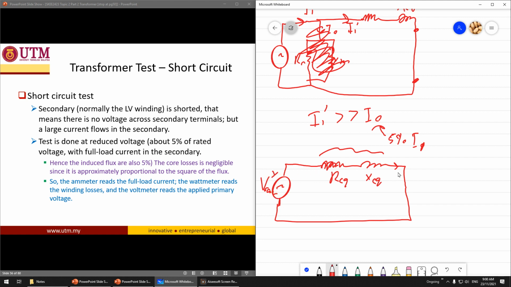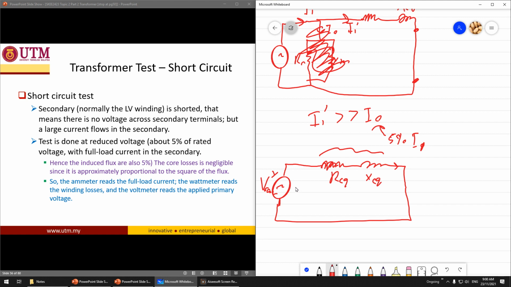If you do this, the transformer will be damaged, because this is short circuit. To avoid damaging the transformer, you have to make sure the voltage is only 5% of the rated voltage.